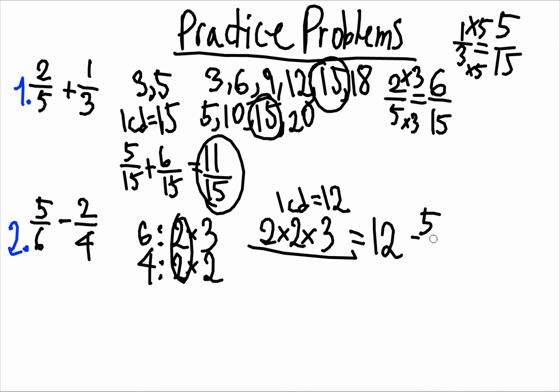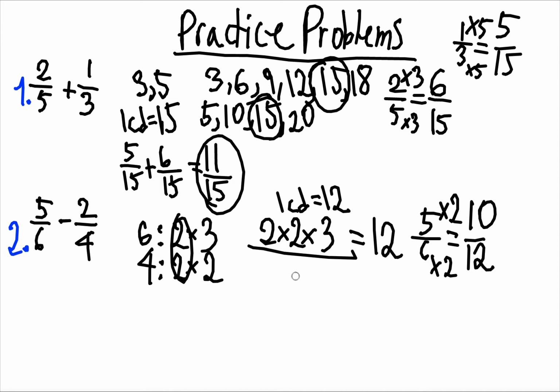Now the conversion awaits. 5 over 6 to something that has a denominator of 12. We know 6 times 2 equals 12, so we need to multiply 5 by 2 as well, which gives us 10. So 10 over 12 is one of our fractions.